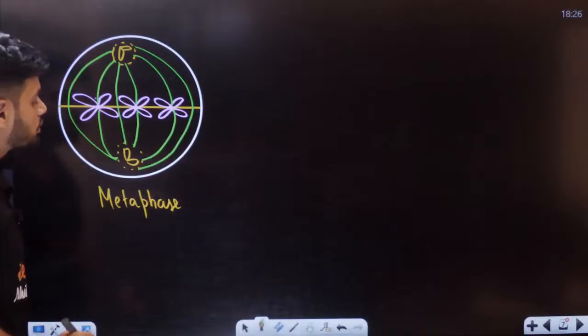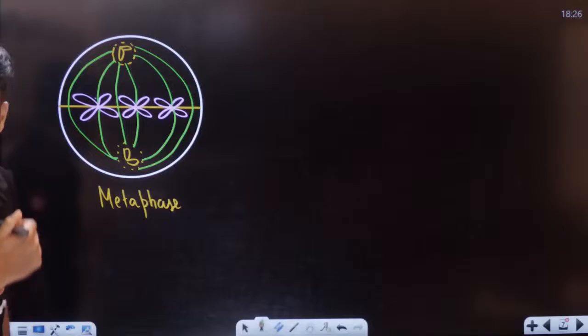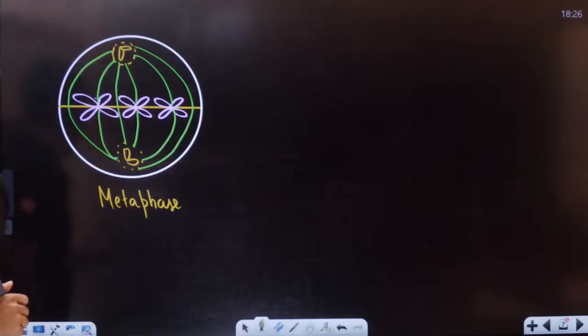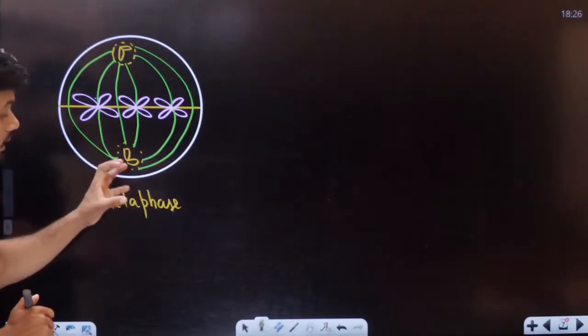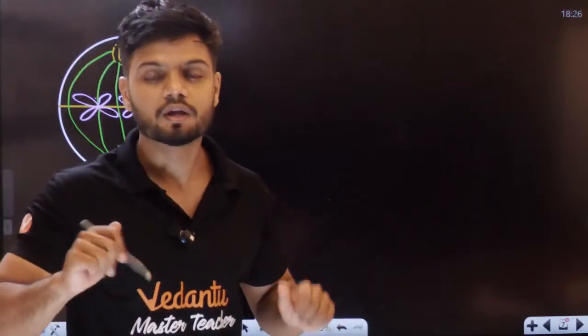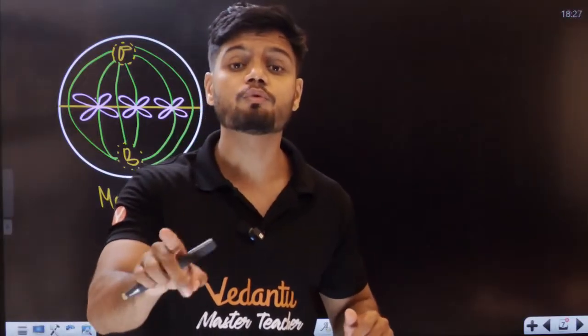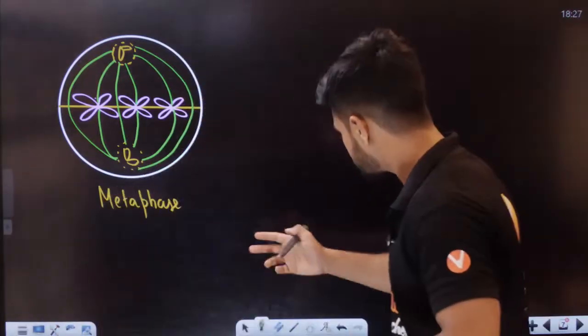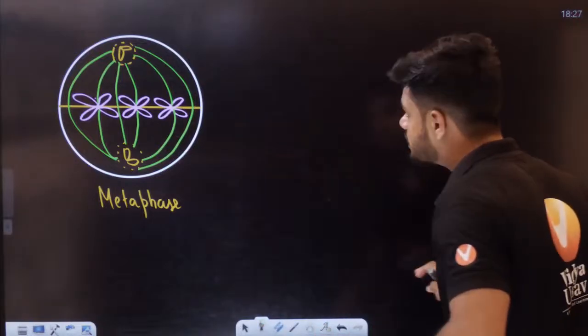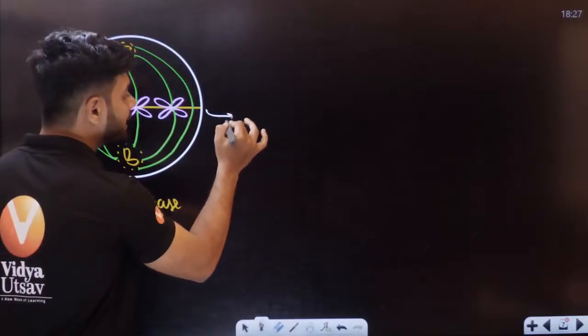Now, this is what is called metaphase, students. Here, chromosomes become fully condensed in metaphase, and that is why they say this is the best stage to study chromosome morphology. You can see this middle part here. All of these chromosomes are aligned at this part here.